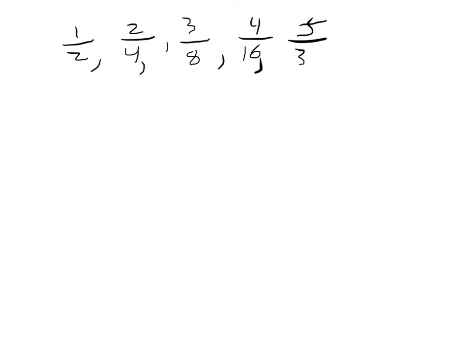So, we're going to be interested in, first of all, to start off with what are called explicit formulas for arithmetic and geometric sequences, or a sequence in general. For example, this will not be arithmetic or geometric, but suppose I give you the sequence which is as follows. 1 over 2, 2 over 4, 3 over 8, 4 over 16, 5 over 32.